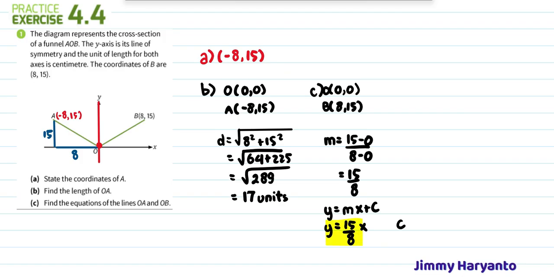For OA, you don't have to find the gradient one more time because it is symmetrical. That means the gradient will be negative 15 over 8, so y equals negative 15 over 8 x for OA. So this is the equation of the line for OA and OB. This one is OB, this one is OA.